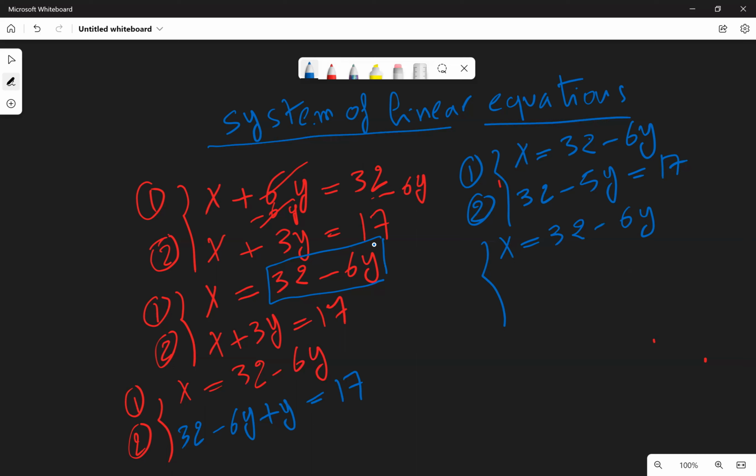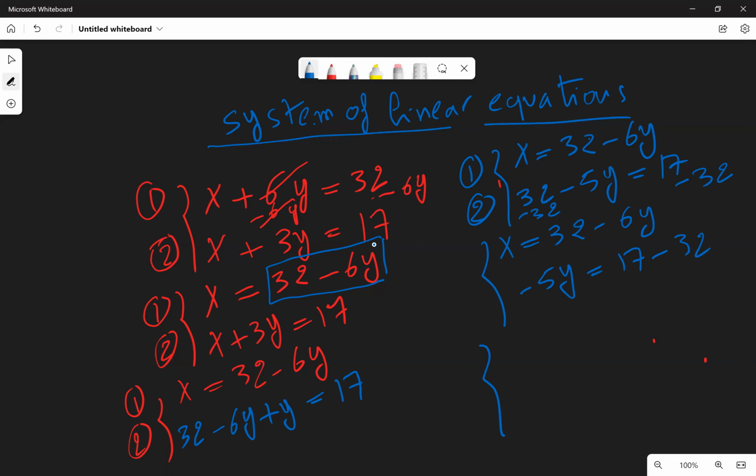Now I want to solve for y in the second equation. First I have to get rid of this constant, which is 32. I have to subtract 32 on both sides because the inverse operation of addition is subtraction, and I get minus 5y equals 17 minus 32.